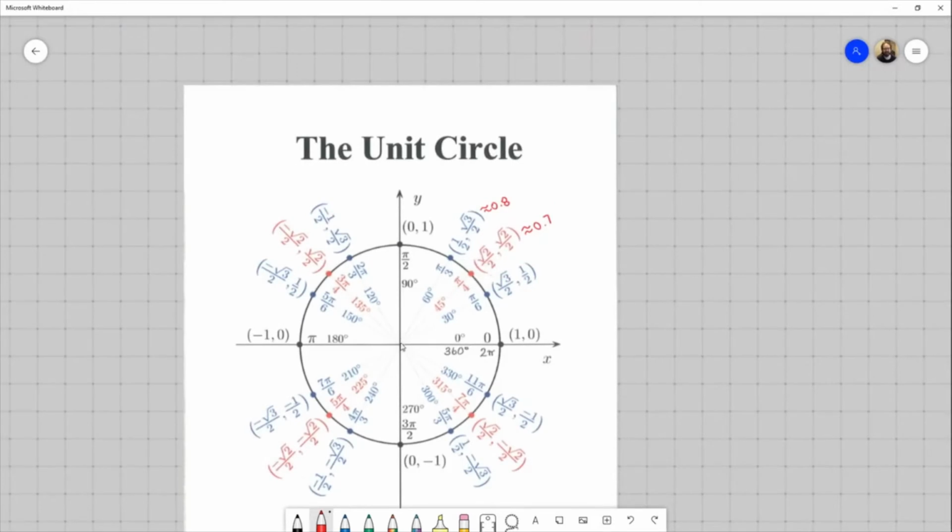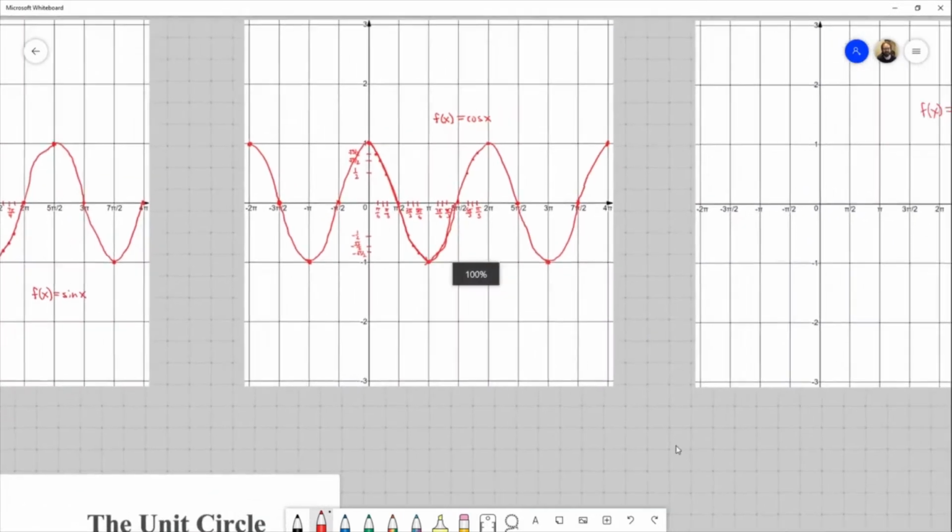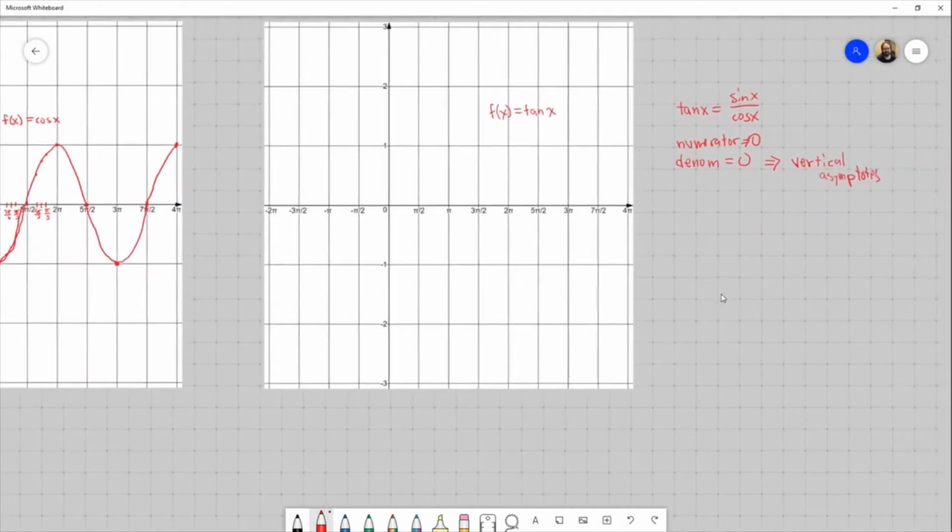The point (0, 0) is not on the unit circle, and therefore sine can never be 0 at the same time as cosine. So for this fraction, whenever our denominator is 0, the numerator is not going to be 0, and that's where we're going to get our vertical asymptote.